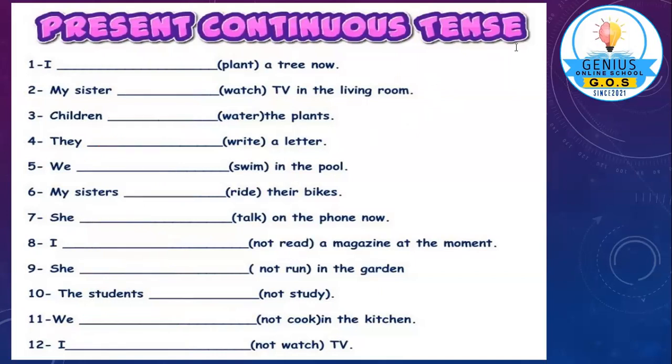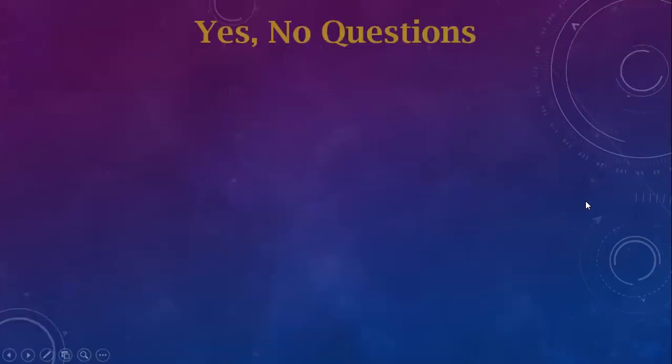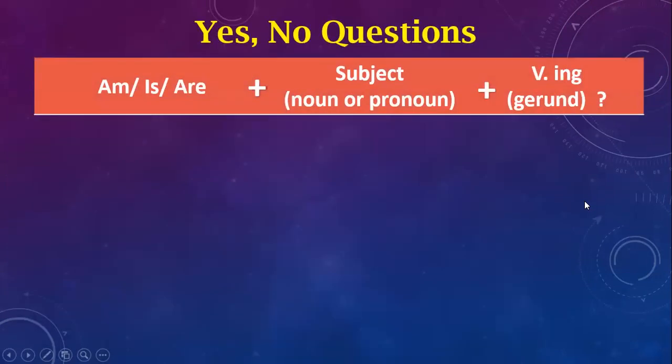Let's move to the next point, which is the yes-no question. If we want to make a yes-no question, which is a question we answer with yes or no, we begin with the auxiliary verb, which is here am or is or are.